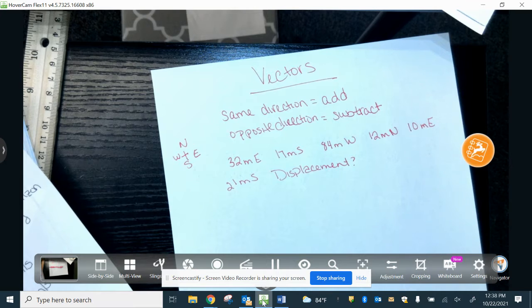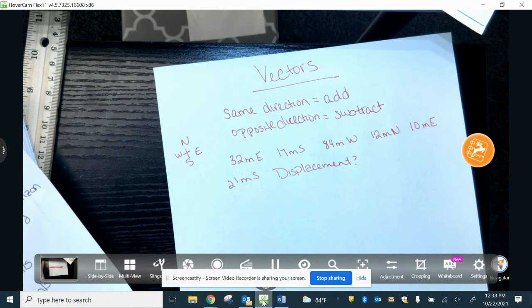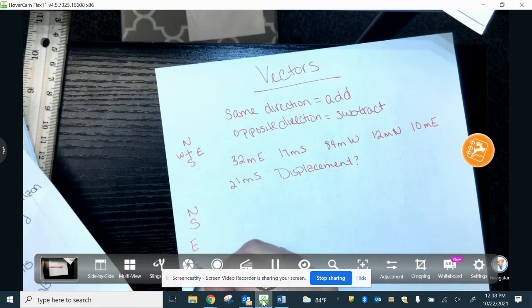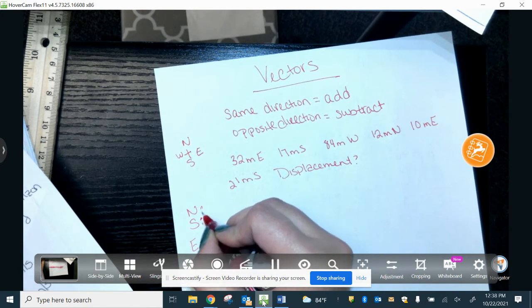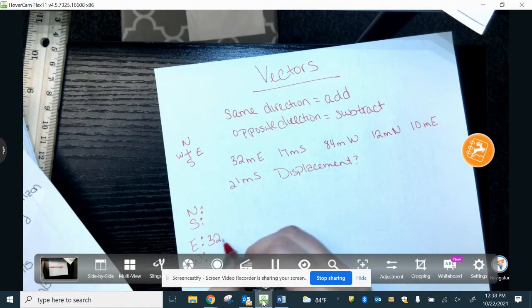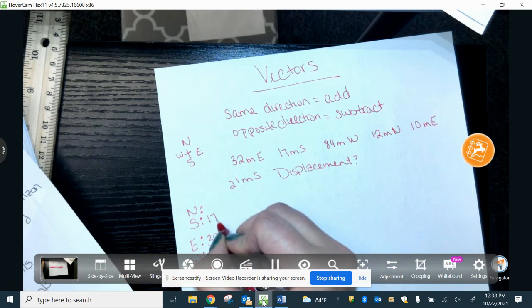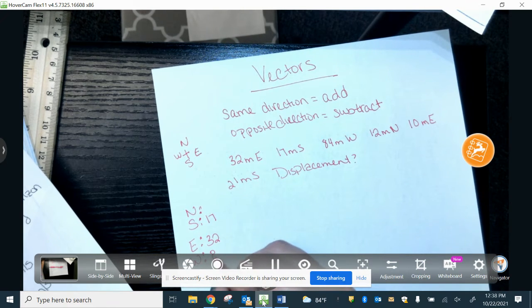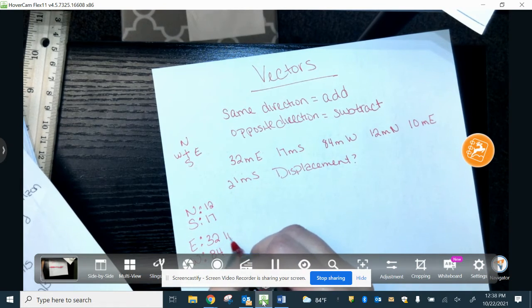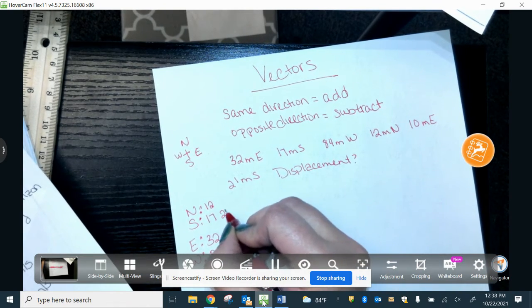Remember with displacement, it's start to finish, the shortest path between start and finish. So the first thing you want to do is get them all lined up: 32 east, 17 south, 84 west, 12 north, 10 east, 21 south.